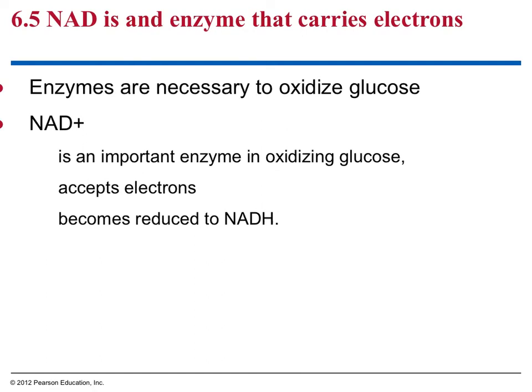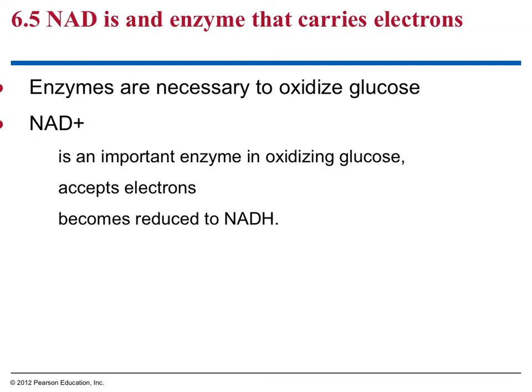Last week we learned about enzymes, and we learned that enzymes drive cellular reactions. Many cellular reactions would occur without enzymes, but they would occur so slowly that they wouldn't be useful to the living organism. So we've got these specialized molecules that are usually proteins that speed up chemical reactions. They act as catalysts.